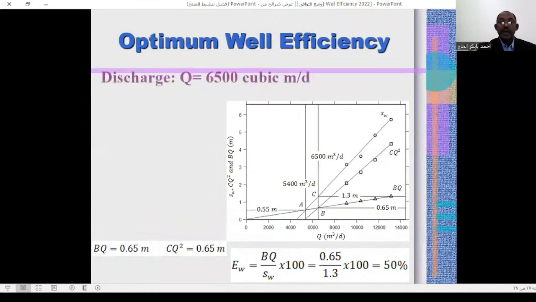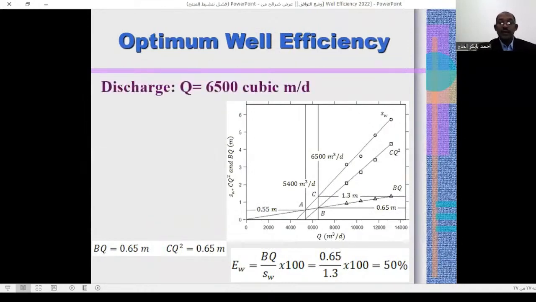After that, discharge aquifer quantity 6,500 cubic meter in points B and C. That means the aquifer loss BQ equals 0.6 and CQ equals twice the aquifer loss. Total loss equals 1.3. They are the same value between BQ and CQ square.